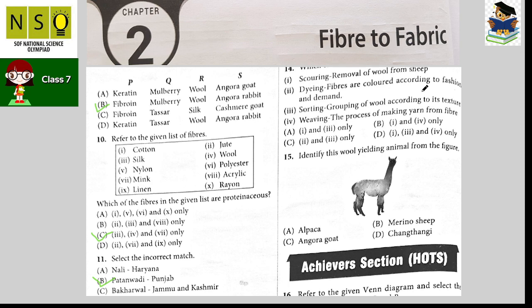We have to find the incorrect match, and the incorrect match is this one. Scouring refers to the washing of the sheared skin with hair by dipping it in water to remove dust, dirt, etc. And weaving refers to the process of making fabric from yarn. Question number 15 says, identify this wool yielding animal from the figure.